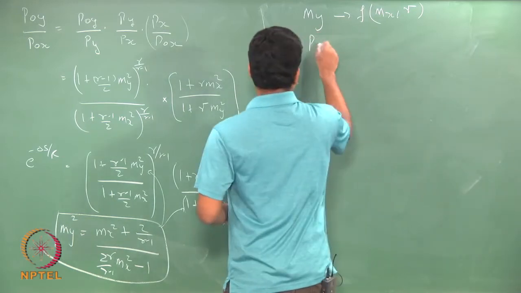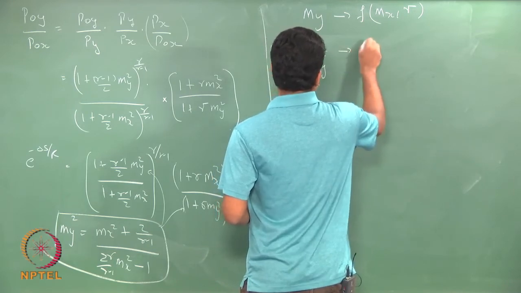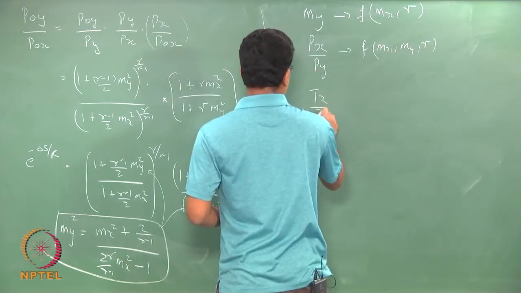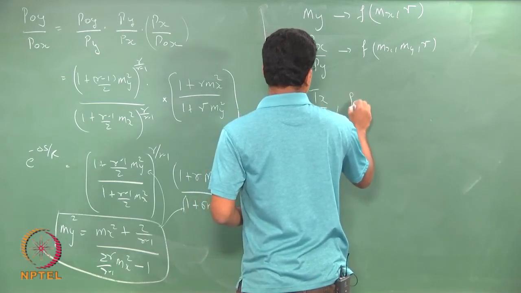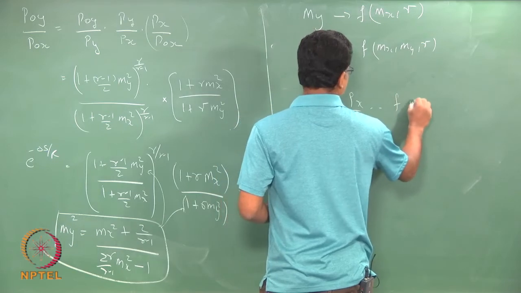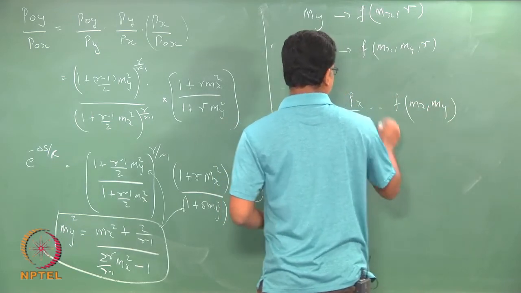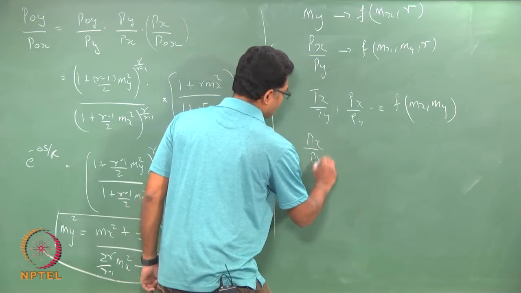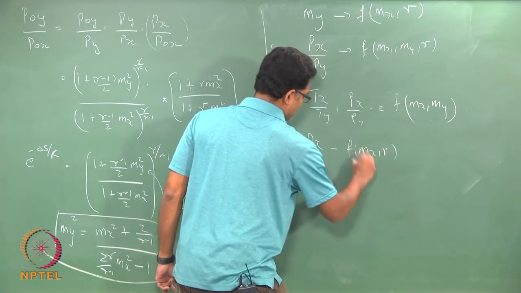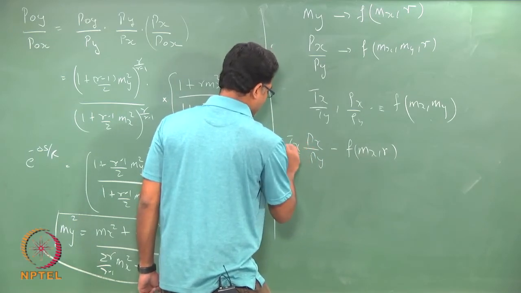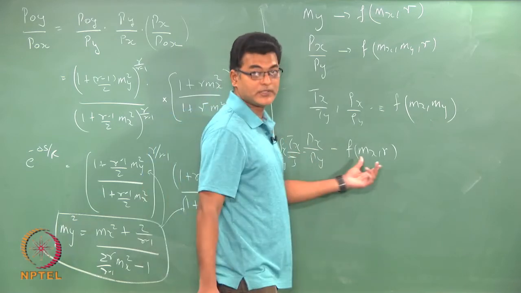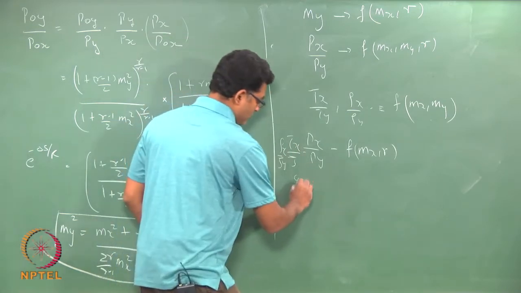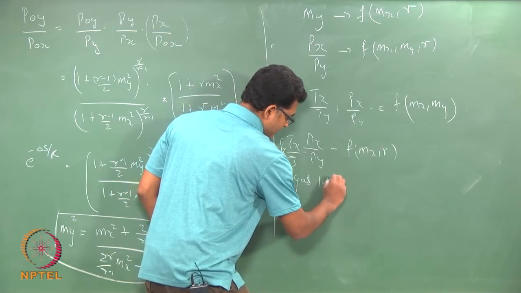In the earlier classes we have derived this function of Mx and My and gamma, Tx by Ty and rho x by rho y, everything in terms of Mx and My, which we can now use to get px by py in terms of Mx and gamma, and likewise Tx by Ty and rho x by rho y, everything in terms of my Mach number before the shock, and get the so-called tables which we had seen before.